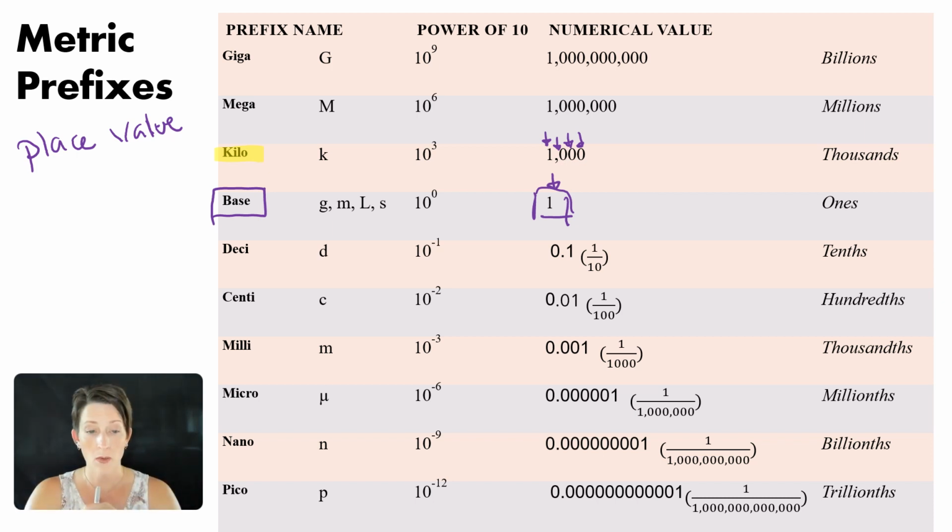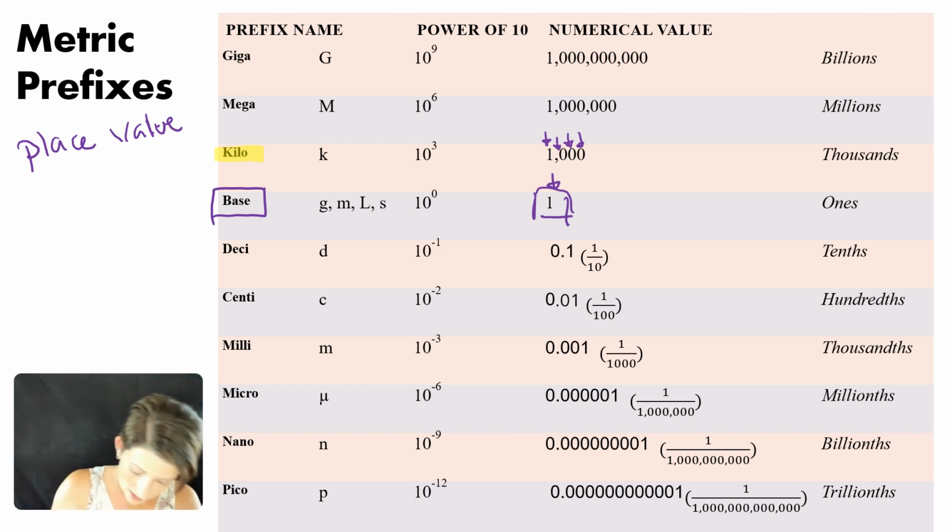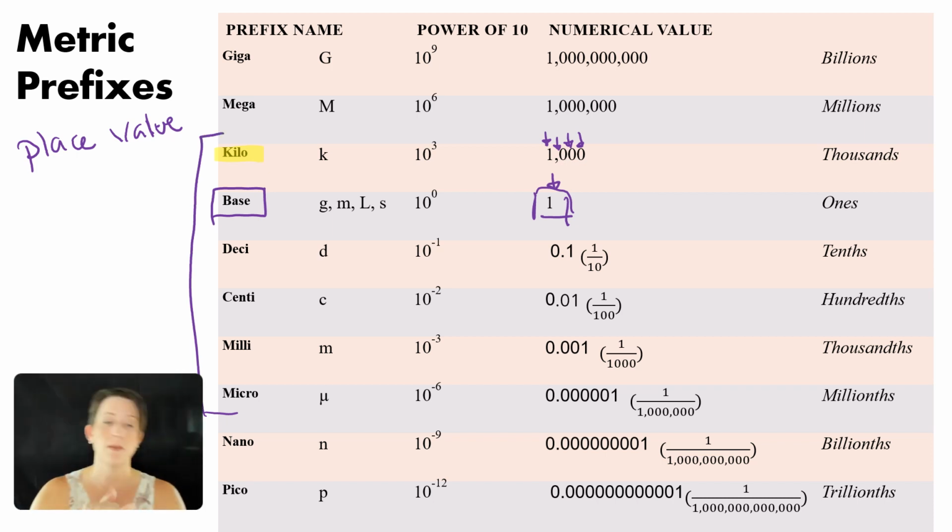Going below, we have our deci, centi, milli, micro, nano, pico. Really, we focus on through micro. Those tend to be the bases we use. We don't use deci too often. So really, kilo, your base, centi, milli, micro. What these negative numbers represent is that the value is less than 1. So we start to put this THS.